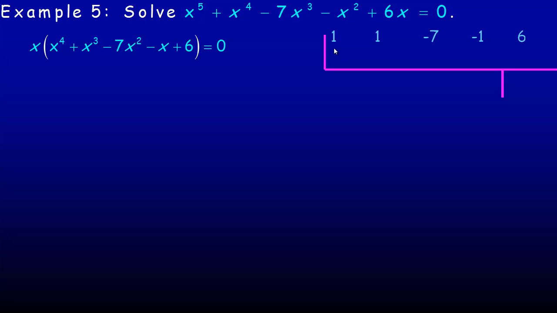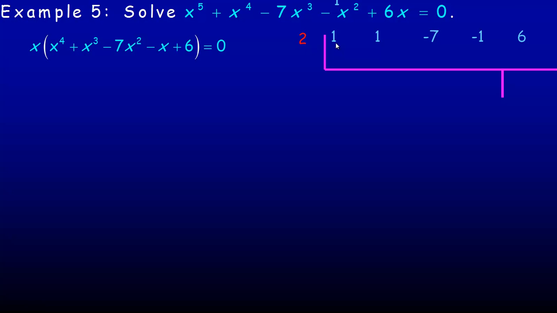And so in our synthetic division, we'll put 1, 1, negative 7, negative 1, 6 right there. And so we would be trying factors of the 6. I'm going to use 2 here, but again, trial and error. Maybe you'll try a couple numbers that don't work, but you keep on going until you find remainders of 0.